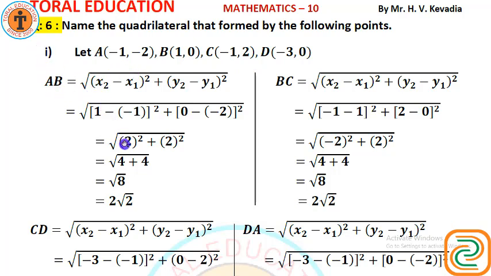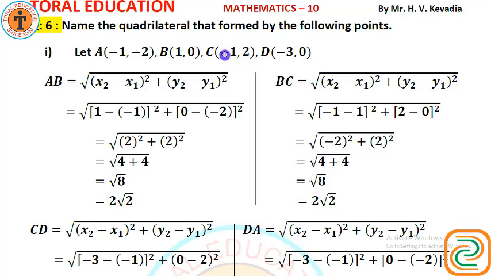A is given here. AB: 1 minus minus 1, 1 minus minus 1 whole square, and 0 minus minus 2 whole square, that is 1 plus 1, 2, and here plus 2, that is 4, root 8 means 2 root 2.